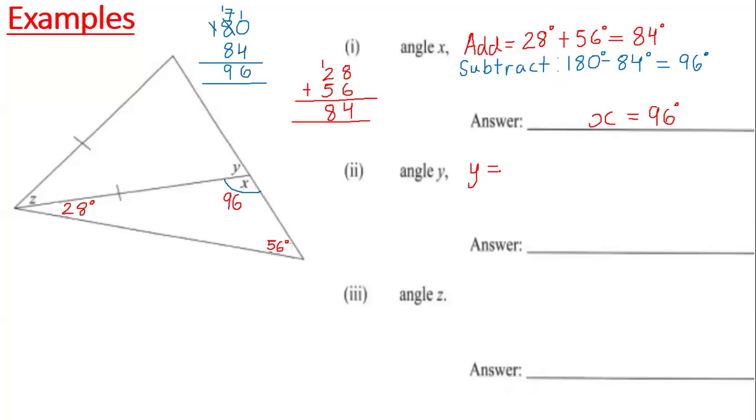How do we get our answer for Y? 180 minus the 96. Very good. We do 180 degrees minus 96 degrees, and that's gonna be equal to what? 84.